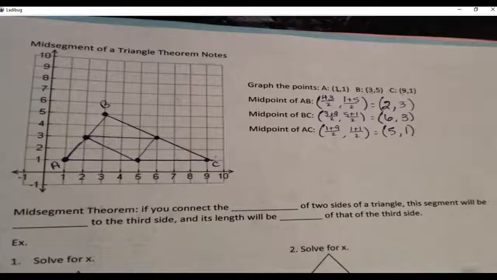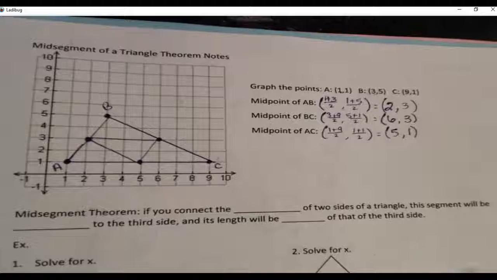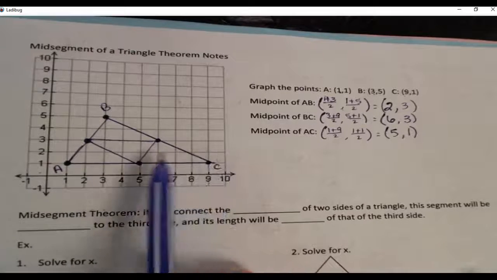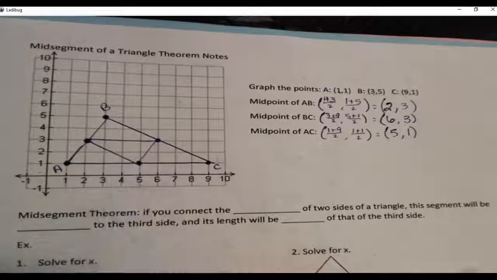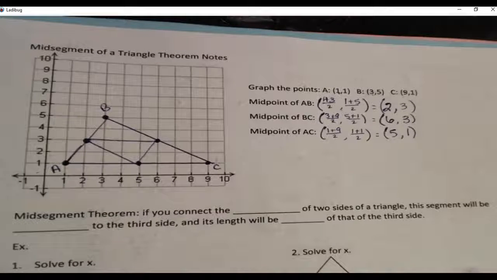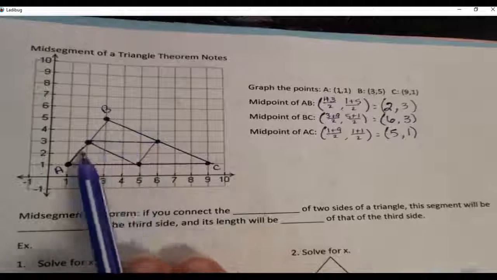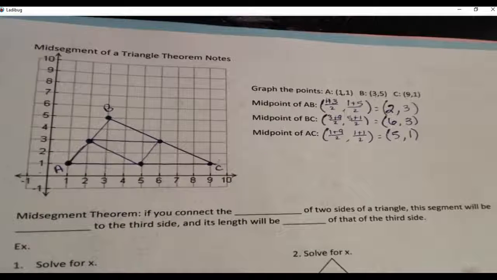So if we look at this graph, what do you notice about the sides and then the midsegments inside? Yeah, so it's the same shaped triangle. Oh, you mean all of these are the same? Yeah. But that one's the same shape as that. Yep.